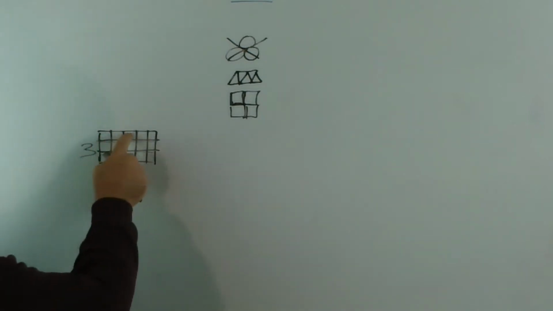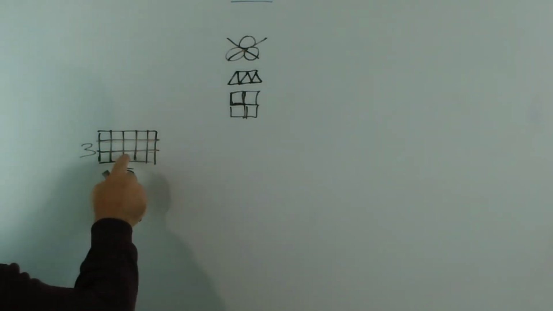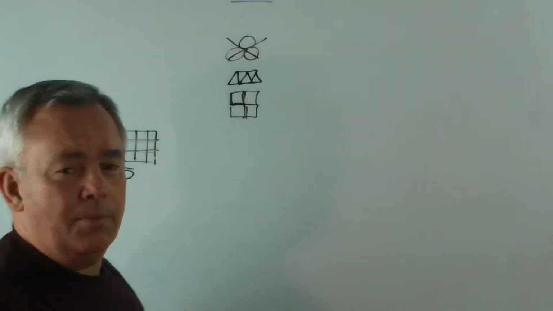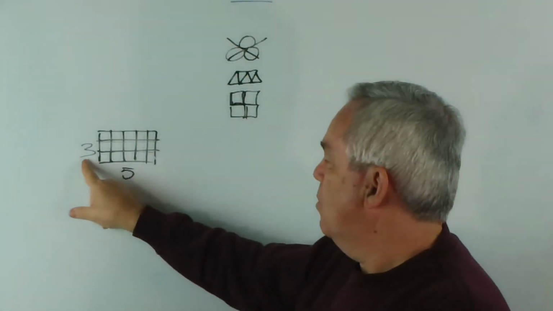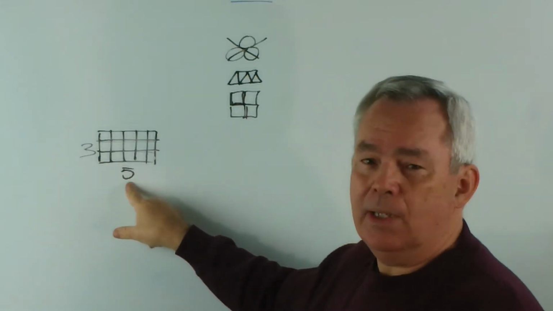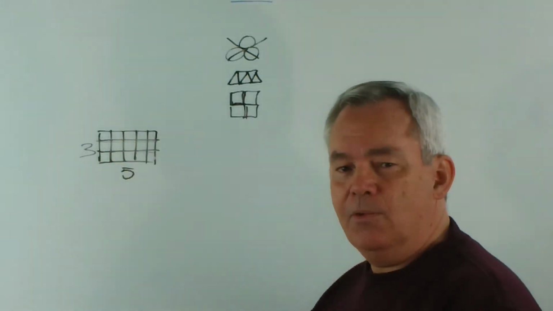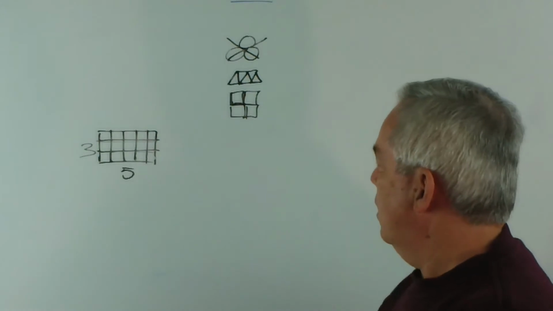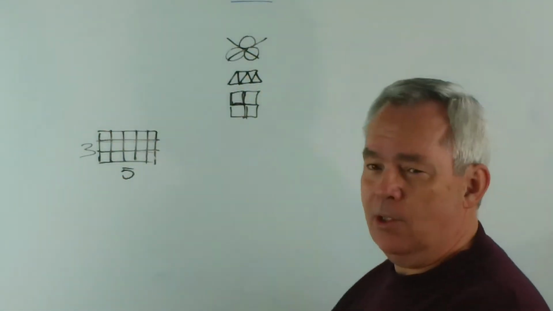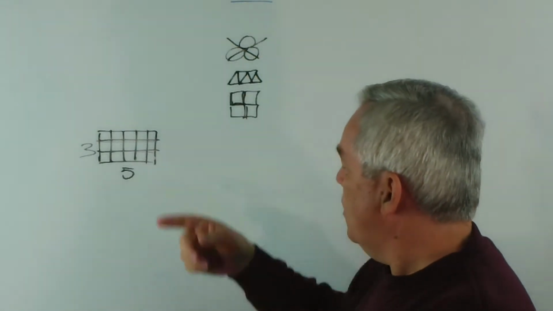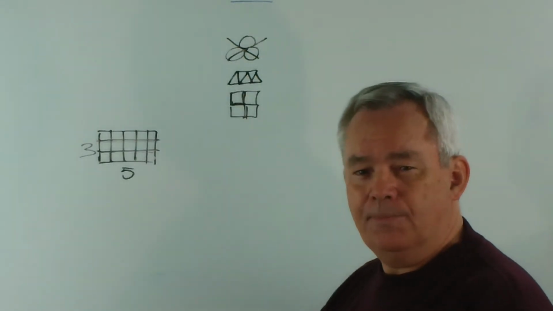We can count 1, 2, 3, 4, 5, 6, 7, 8, 9, 10, 11, 12, 13, 14, 15, or as you're taught in primary school and early high school, simply multiplying this number 3 by the number 5 tells us the number of squares inside the shape. It's a very simple method, and it's based on this rather than some other shape. So we measure areas in square units.